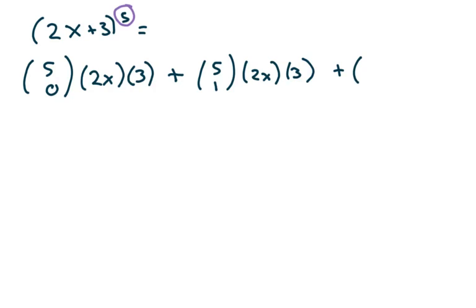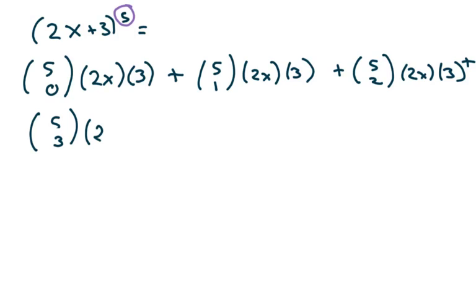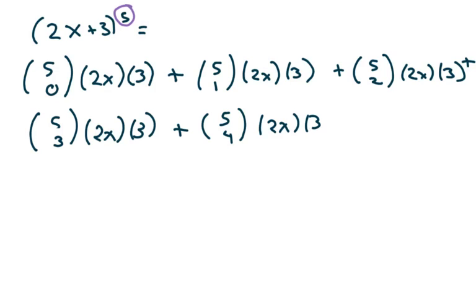So this could be 5 choose 2, 2x, 3, and then we have plus 5 choose 3, 2x and 3, plus 5 choose 4, 2x and 3, and 5 choose 5, 2x and 3.